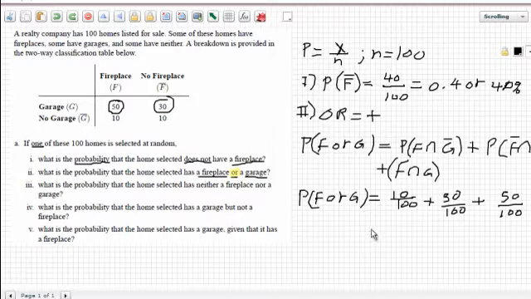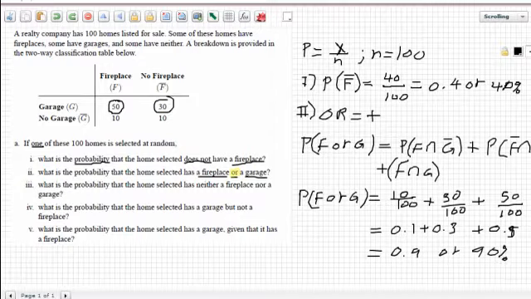So if we go ahead and calculate that, that's going to be 0.1 plus 0.3 plus 0.5, which will equal 0.9. So, or 90%.